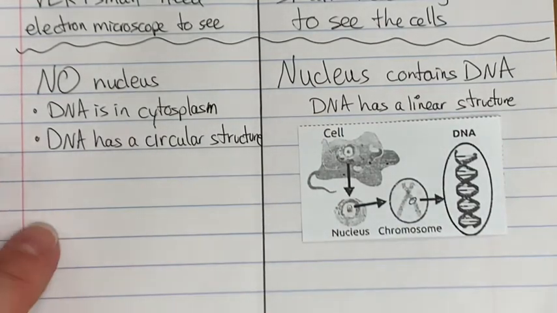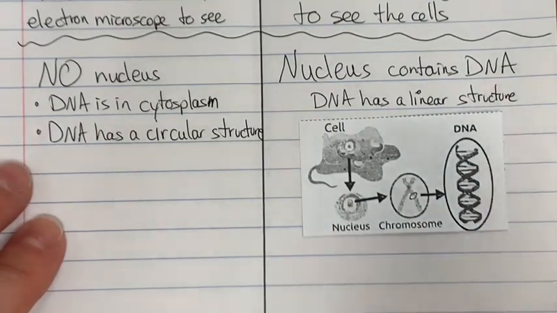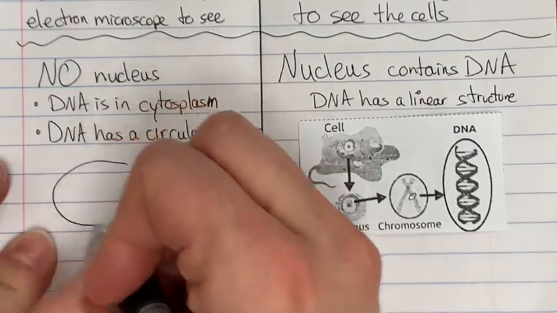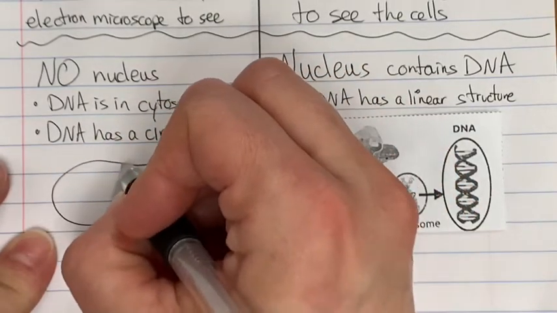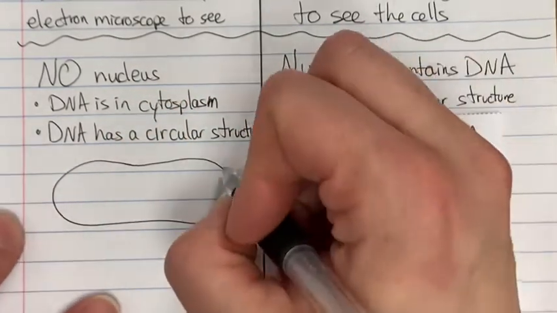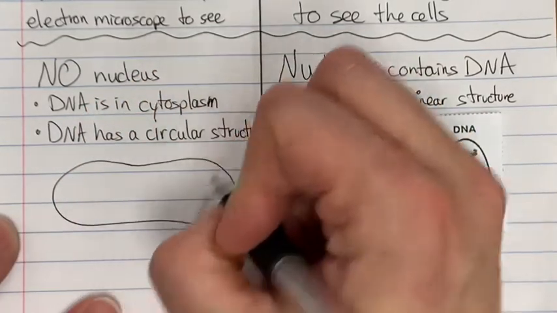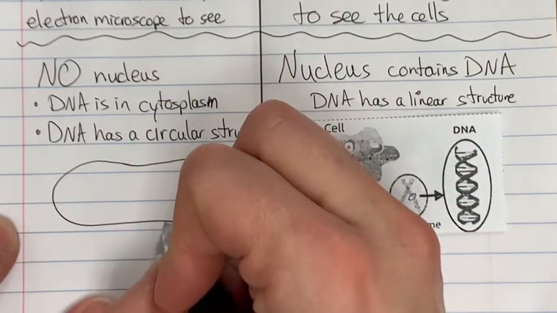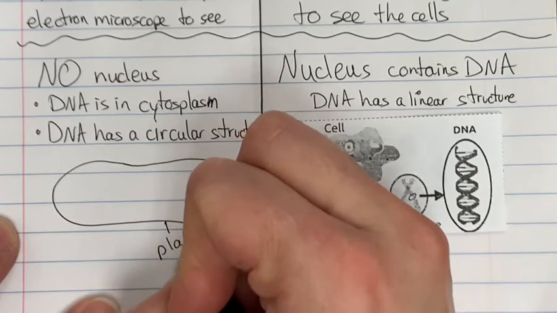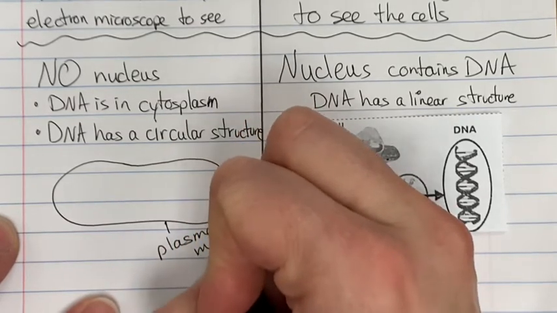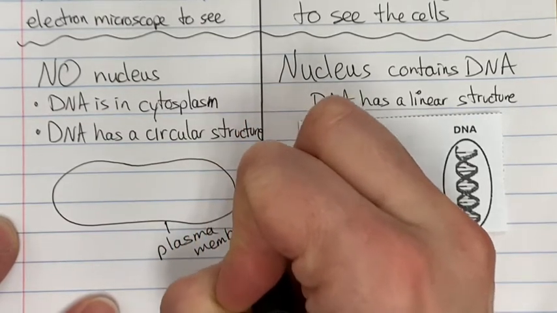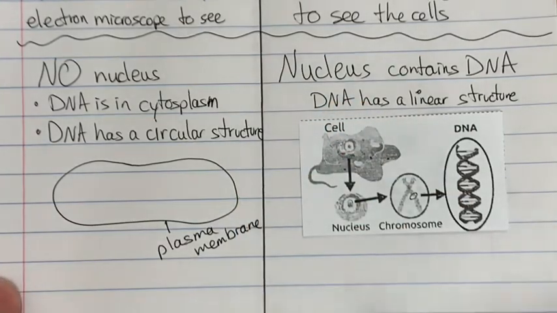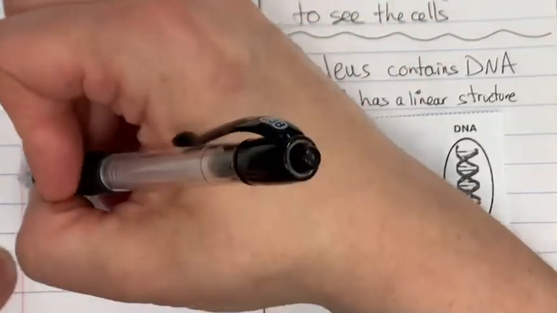Over here, we're going to draw a prokaryotic cell. Okay, so what we just drew right there, that's the plasma membrane. The liquid is the cytoplasm.